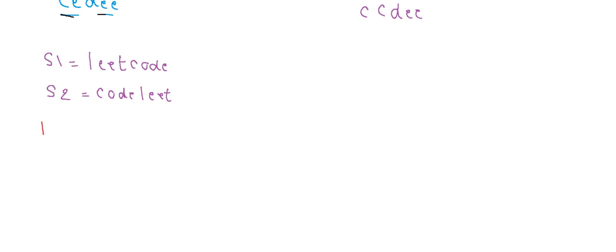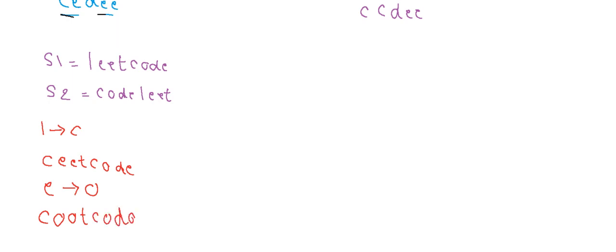So here I'm going to transform L with C first. So my resulting string would be c, e, e, t, c, o, d, e. Then I'm going to transform e with o. So my resulting string would be c, o, o, t, c, o, d, o.